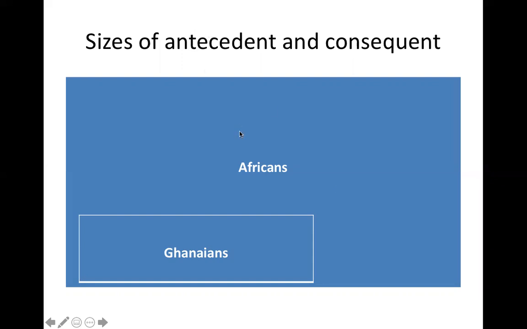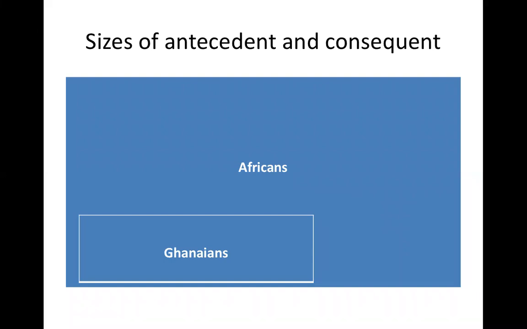So all Ghanaians are Africans. Peter is not a Ghanaian, therefore Peter is not an African. The argument is not valid. The conclusion doesn't follow with certainty because you don't know whether Peter is another African nationality, maybe a South African, a Cameroonian, a Togolese, or some other African nationality.